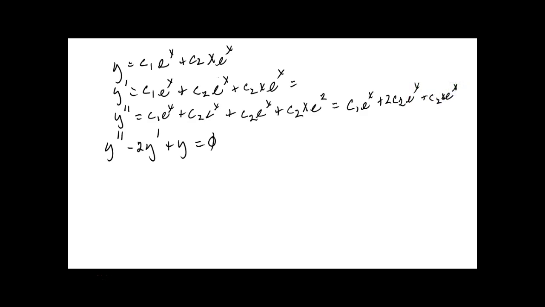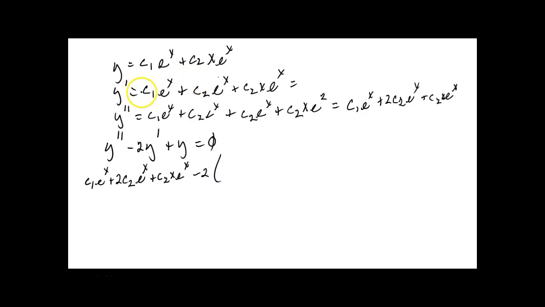Just because those two terms are exactly the same. I started to do this up here with the coefficient of C1 plus C2, but I said that may get a little confusing. Let's just go with it. So now let's plug it in. As you might guess, this is going to take a while, because your y double prime has 3 terms in it. There'll be C1 e to the x plus 2C2 e to the x plus C2 x e to the x, minus 2 times y prime.